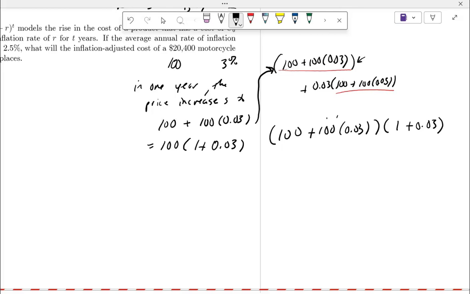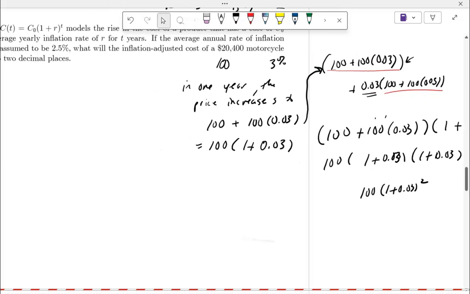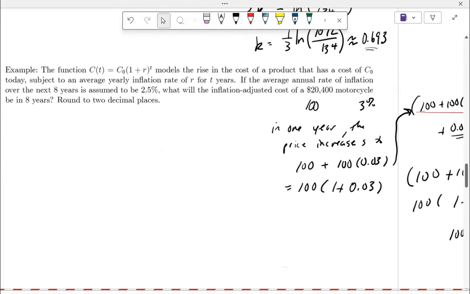And now if I factor out the 100 out of there, I see the 1.03 and the 1 plus 0.03. And now I have 2 of them, don't I? Anyway, I was just trying to show you where the t came from. But I apologize for the confusion, but that's the idea where that formula comes from. All right, let's go back over to the problem then.